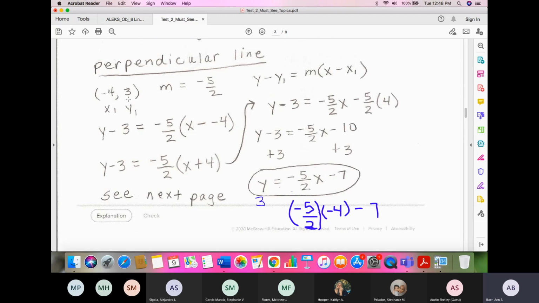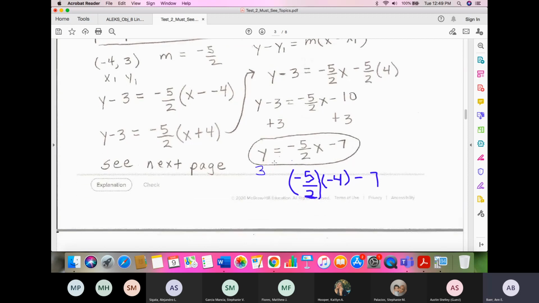So let's put in 3 for y. Let's put in negative 4 for x, and you can see I did that. So I put 3 in for y, then I wrote down on this side the negative 5 halves x, put in this negative 4 for x, and then minus 7.